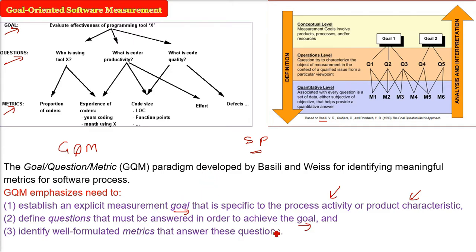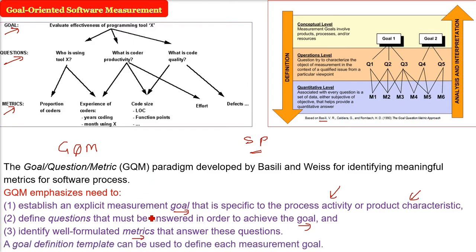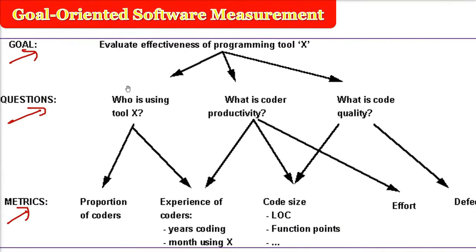Then we identify well-formulated metrics that will answer these questions, formulated with respect to the measurement goal. And then we make a goal definition template, which will be used to define each measurement goal. I'll show you this goal definition template just now. But before that, let us understand what goal-oriented software measurement means.